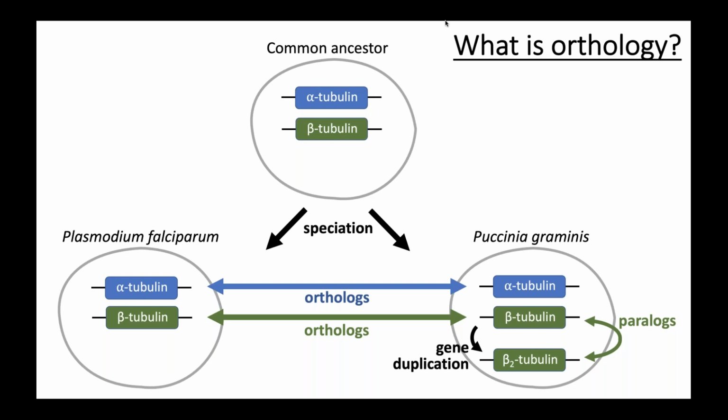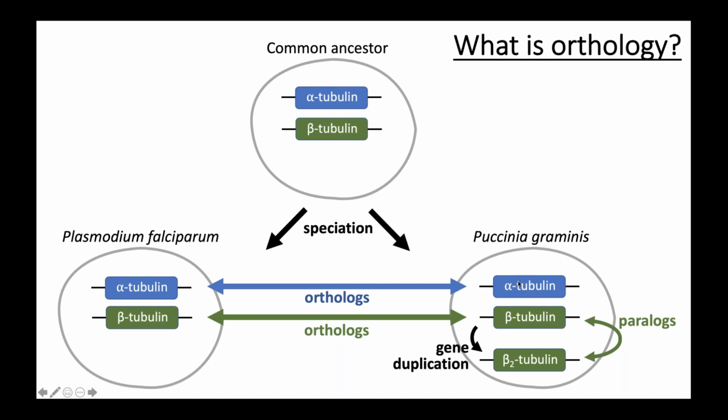That's a really good question. I'm going to talk about that in a little bit, how we figure out orthologs and paralogs. But you might think there's a relationship between alpha tubulin and beta tubulin within Puccinia. So are these paralogs? Alpha tubulin is not a paralog to beta tubulin because each one was formed by speciation.